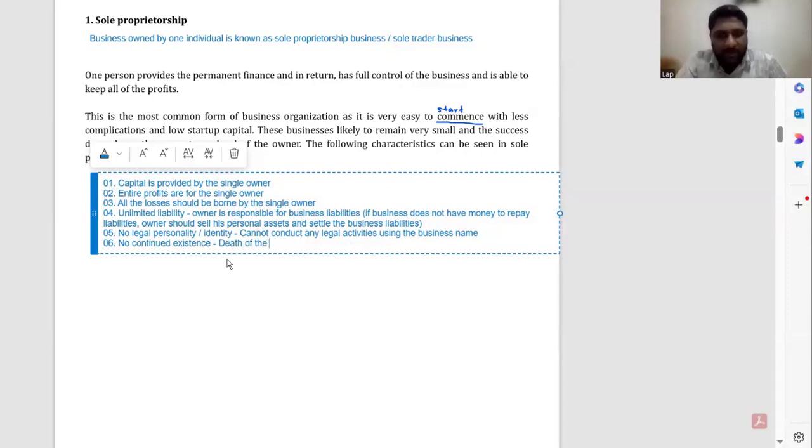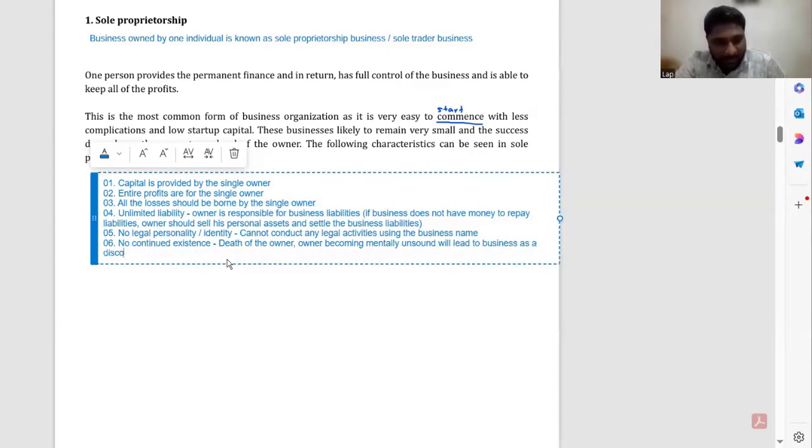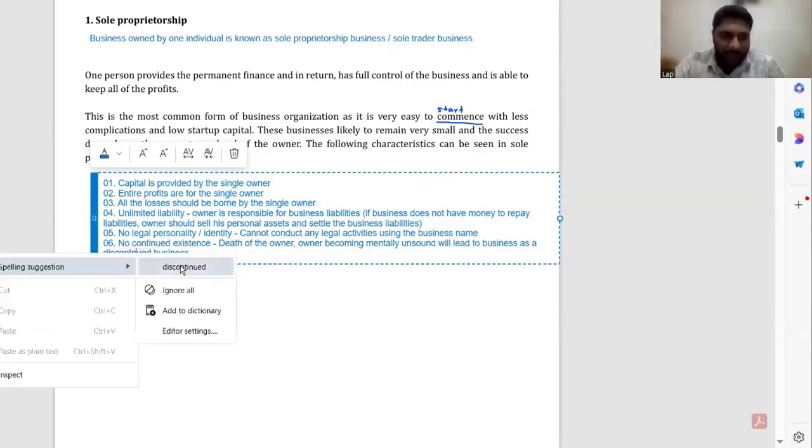Death of the owner, owner becoming mentally unsound, will lead to the business as a discontinued business. Discontinued business.